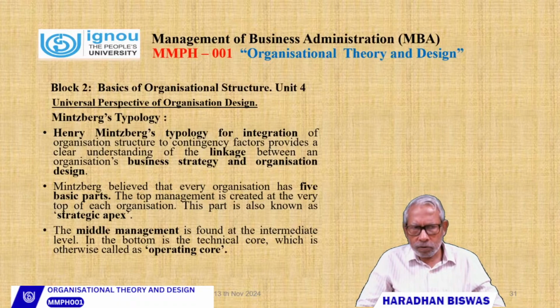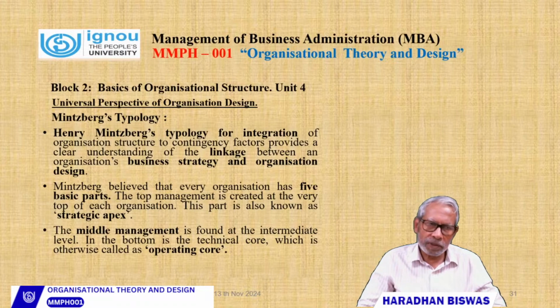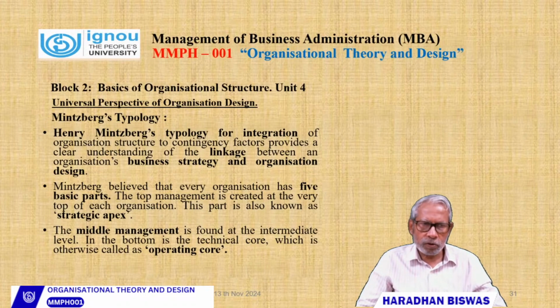Mintzberg believes that every organization has 5 basic parts. The top management is located at the very top of the organization, and this part is also known as the strategic apex.